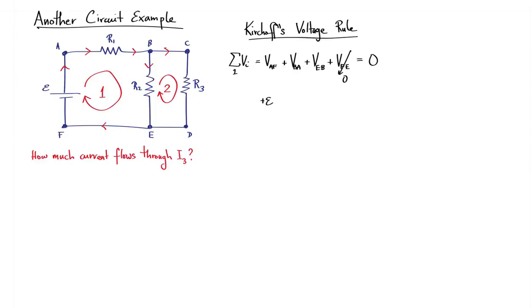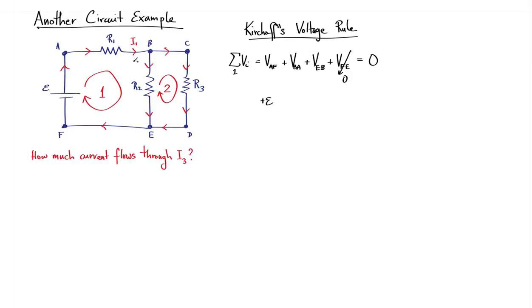What I will do, though, is define the currents to go in the direction I've drawn here. They don't have to go in this direction. You could pick another direction, and depending on the sign of our answers, you know what the real direction is.